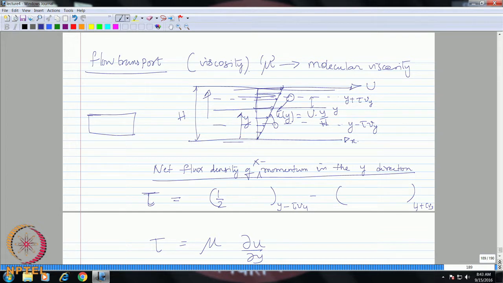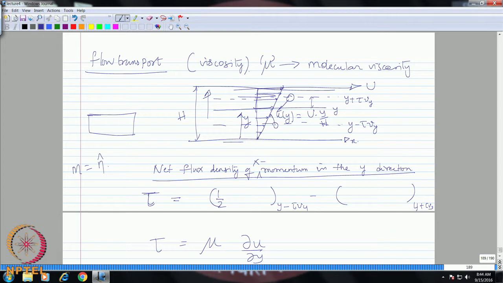So, if you have mass of these gas molecules, m into vx is your momentum, x momentum. Momentum flux in the y direction will be m vx into vy, right. So, now what is the mass? How do you calculate it?